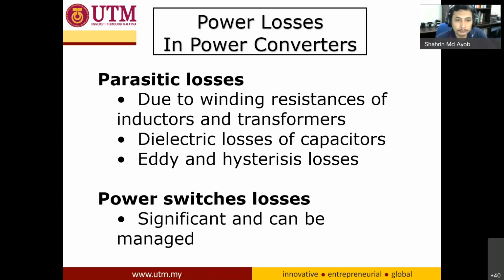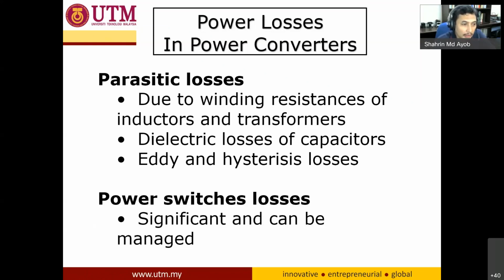And then we also have dielectric losses inside the capacitors, and also the parasitic losses due to the eddy and hysteresis losses. These are inside the transformer, because in the power electronic circuit we still use a transformer to either step up or step down.